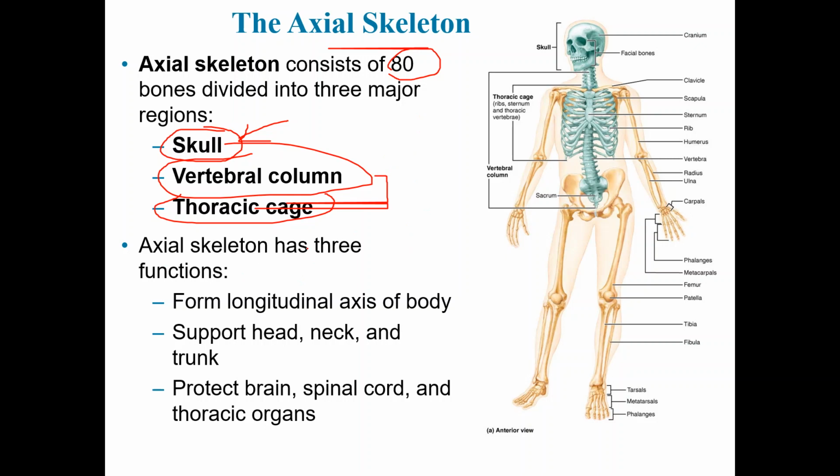Of course, the axial skeleton forms the axis of the body and therefore supports most of the body, the head, neck, and trunk, but also protects the brain and all the internal organs that are protected by the thoracic cage. So very important functions.